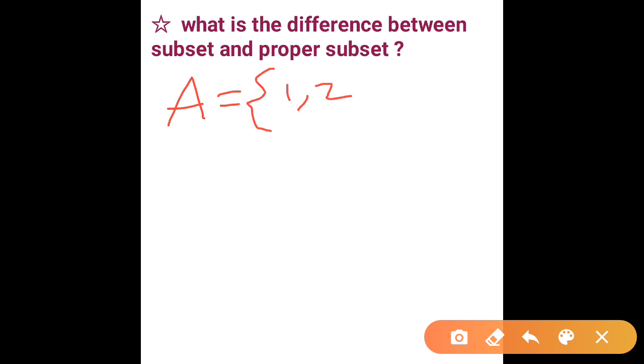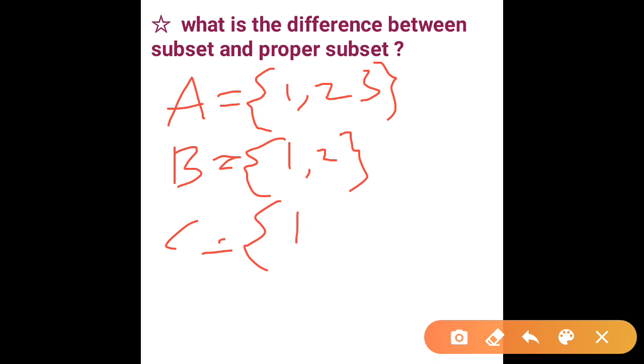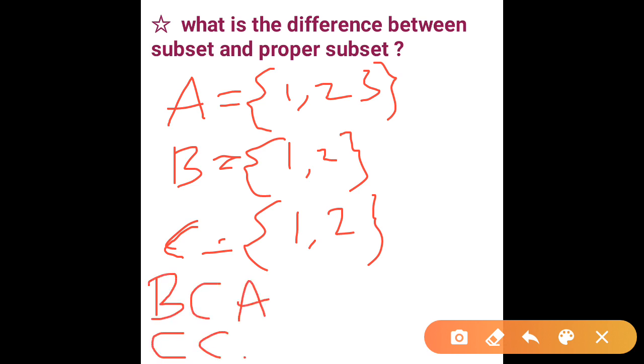A equals {1, 2, 3}, B equals {1, 2} and C equals {1, 2}. Now we can say that B is a subset of A and C is a subset of A, and A is not a subset of B and A is not a subset of C. Why?